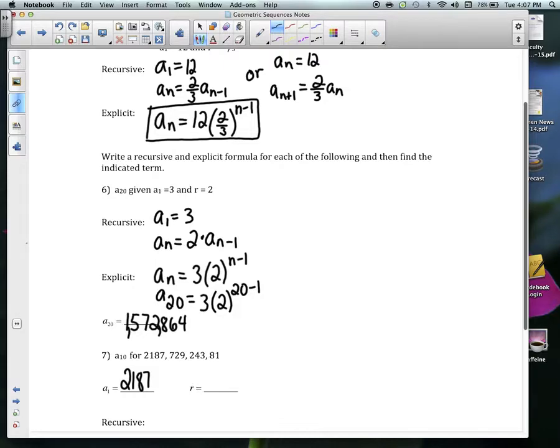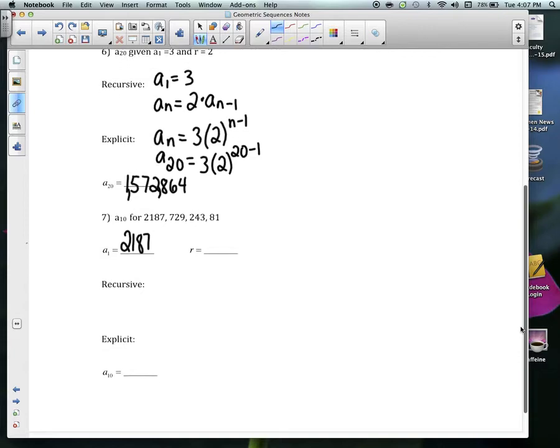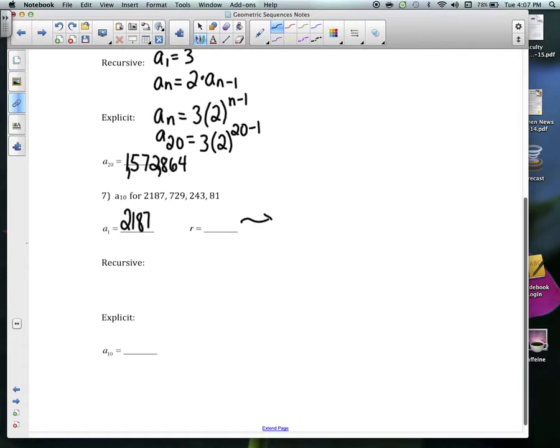Here we actually have to calculate the common ratio. So if you're dividing something that's going from a smaller number to a bigger number, I would always use the fraction tool for this, because most likely your ratio will be a fraction. In this case, it comes out to 1/3. We'll write a recursive and an explicit.